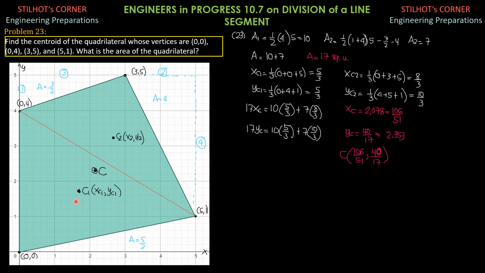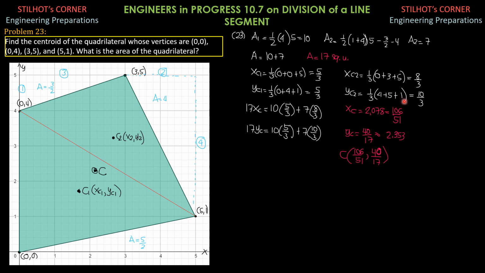So the coordinates of c sub 1 are 5/3, 5/3. Then for x sub c2, 1/3 of quantity 0 plus 3 plus 5, so that's 8/3. Y sub c2, 1/3 of quantity 4 plus 5 plus 1, so that is 10/3.